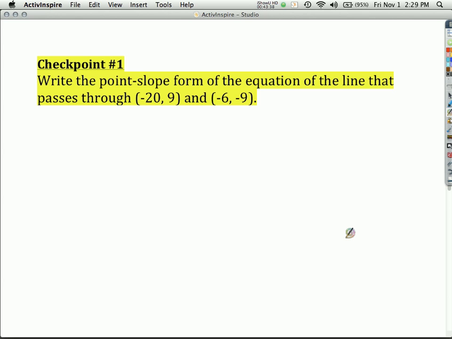Okay. What do you think, Alyssa? Y plus 9 equals negative 9 over 7 times the quantity of x plus 6. Okay, so you have something different, Jada? Y minus 9 equals 9 over 7 times the quantity of x.